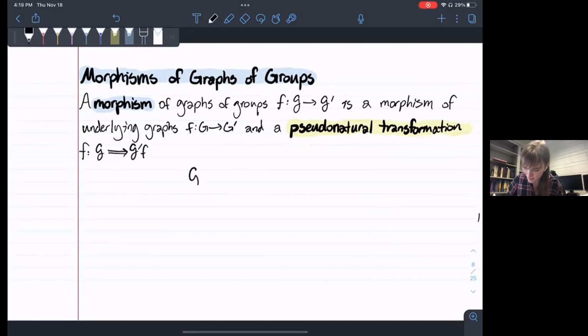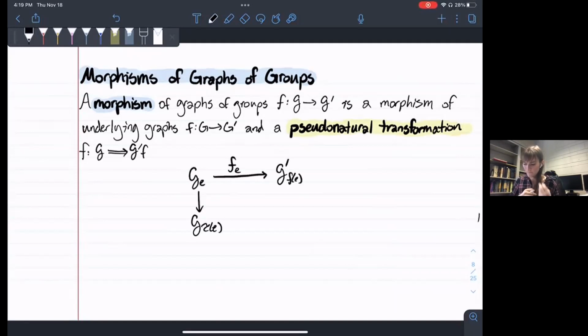So you have an edge group, and it includes into a vertex group, like so. And it's getting mapped by my map F. So there's a homomorphism of groups from G of E to G prime of F of E. This is the edge group that I started with, and this is the group that it's getting sent to in the morphism.